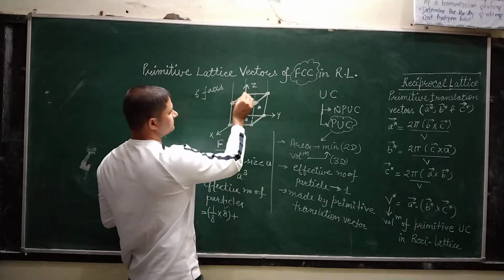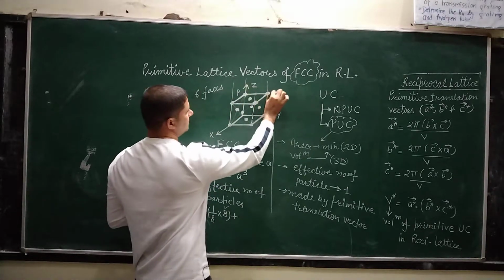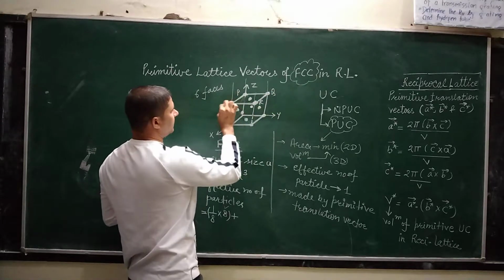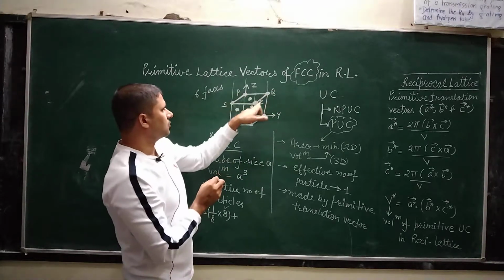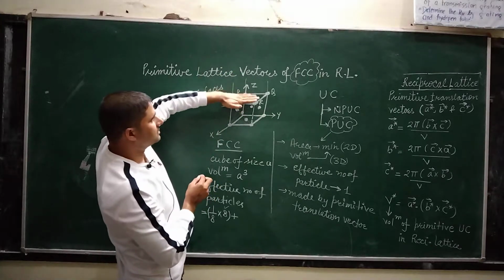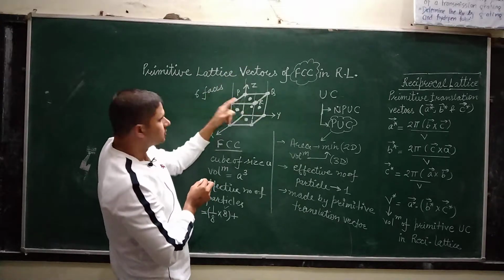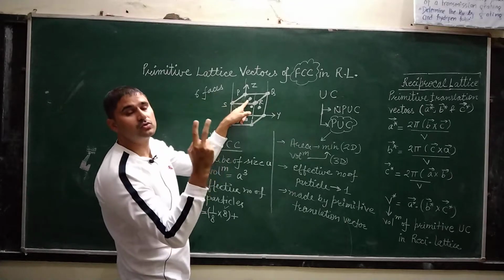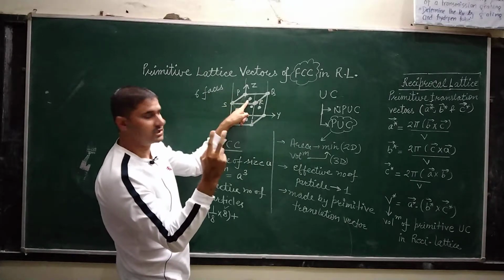Let me write it P, Q, R and S. This face PQRS is common to the cube above it and below it, so this particle is shared by 2 cubes, 2 unit cells.